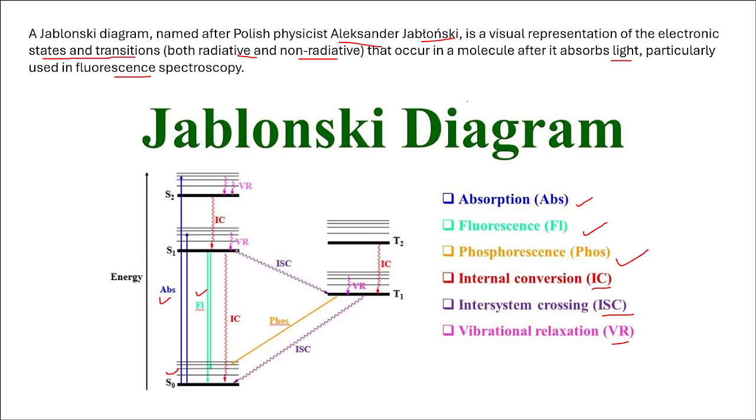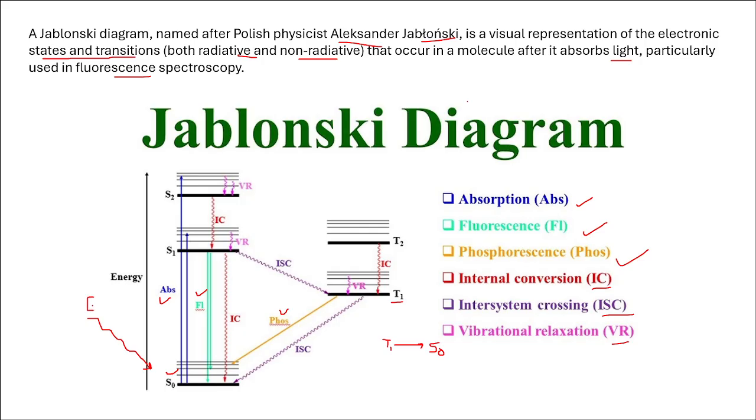Whenever intersystem crossing happens and the molecule comes back to the ground state from the T1 state, we observe phosphorescence. So this diagram is a very interesting concept, and it gives you an account of all these electronic transitions between different electronic states whenever a molecule or compound absorbs energy.